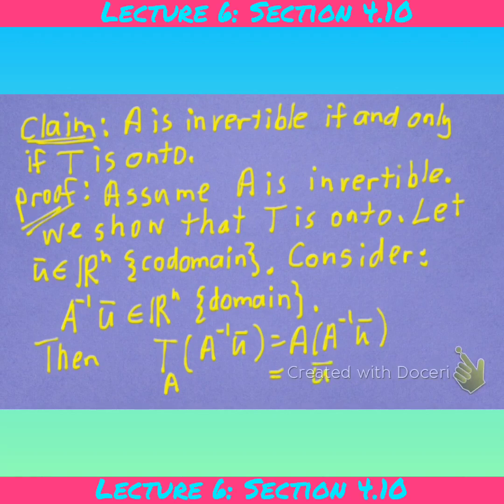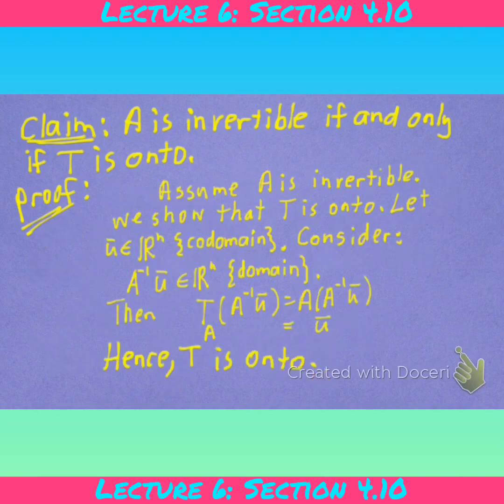So we have shown that there's a point in the domain, which is that one there, that in fact maps to the point in the codomain. So it's clearly onto. All right, so hence T is onto.